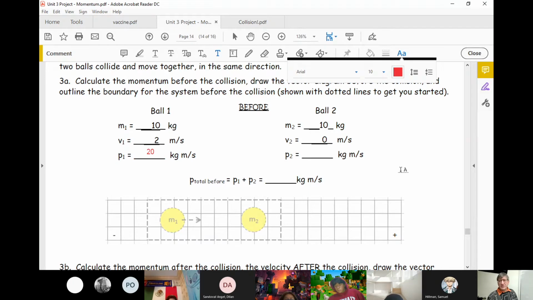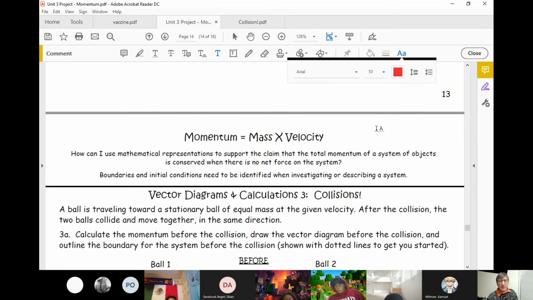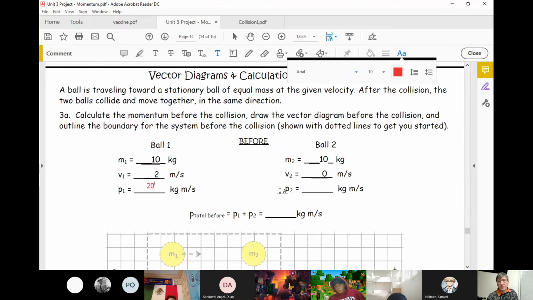What is the momentum of ball 2? Would it be 40? Okay, remember the equation for momentum is right here. Mass times velocity. So P is momentum, so it's 0. Yeah, it's 0. Perfect. Thank you. So 10 times 0, 0.